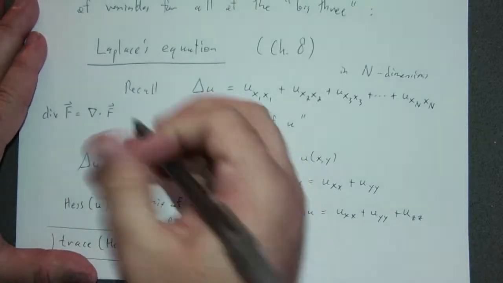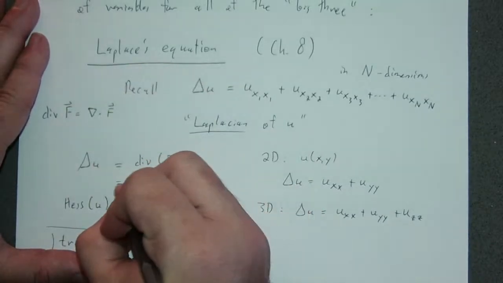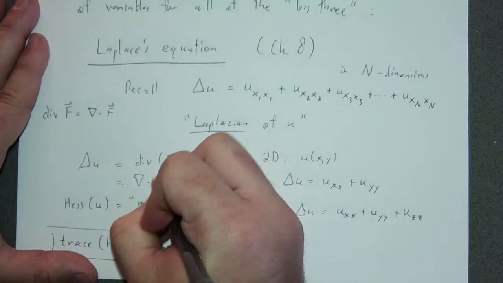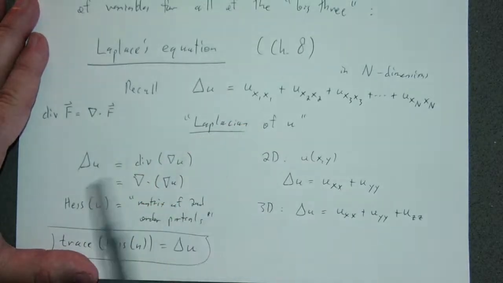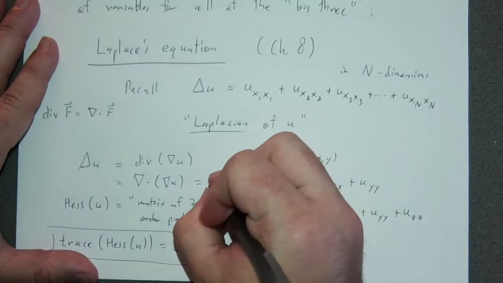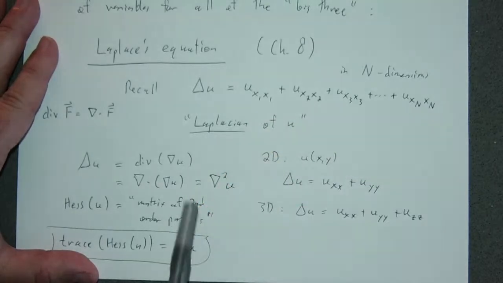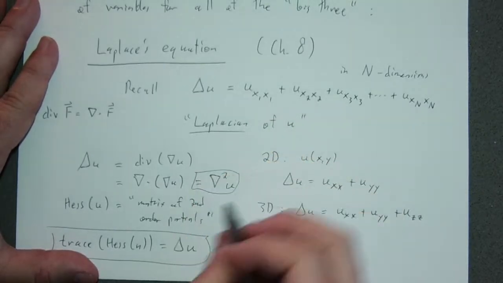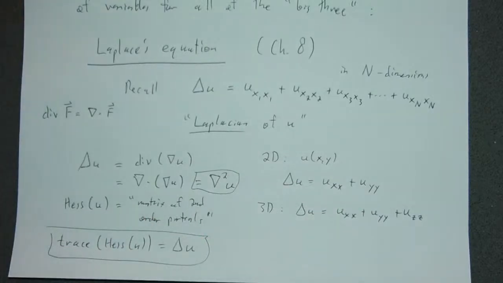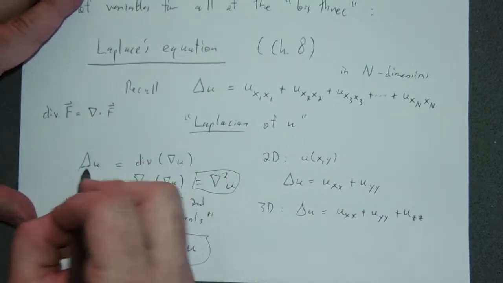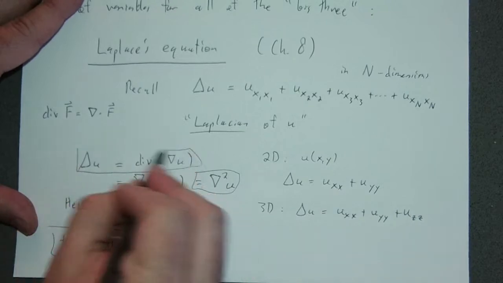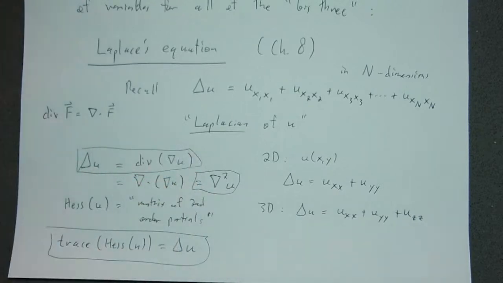So thinking of it this way, you can think of this as nabla dot the gradient of u, and so physicists like to write the Laplacian as nabla squared u, because it's suggestive notation as to what's going on. In every mathematical treatment, you're going to see this delta used instead. So this is what I'm going to use.